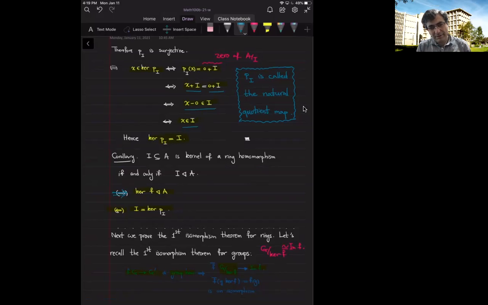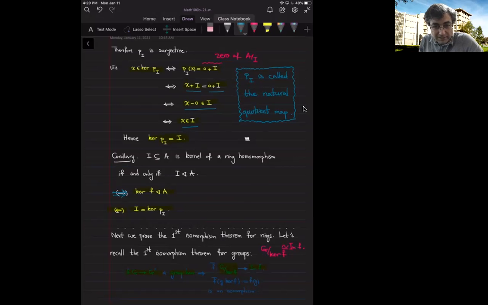As an immediate corollary, we deduce the characterization of kernels. We deduce that a subset I of a ring is the kernel of some ring homomorphism precisely when I is an ideal. Okay, let's quickly go over the logic. If I is the kernel of some ring homomorphism, that means for some ring homomorphism f, I is the kernel of f, then we've seen that the kernel of f is an ideal.